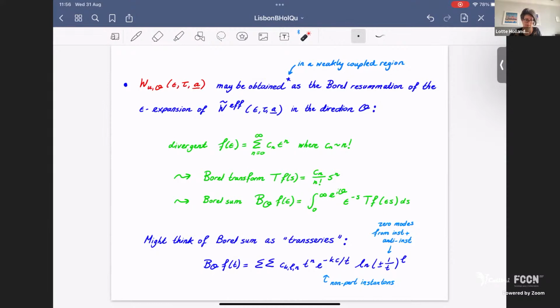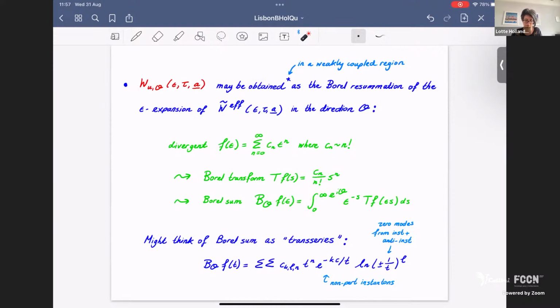I'm not sure whether everyone is familiar with Borel resummation, so let me just remind you that if we have some divergent series expansion of a function f of epsilon, where the coefficients c_n grow like n factorial, then its Borel transform is defined, where the coefficients are divided by these powers n factorial.